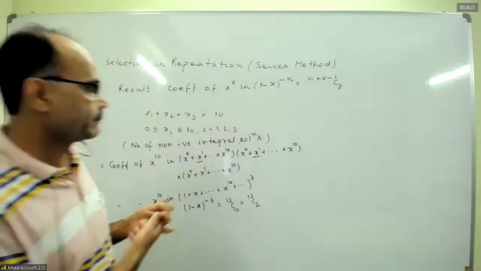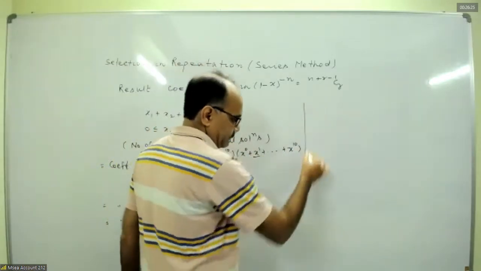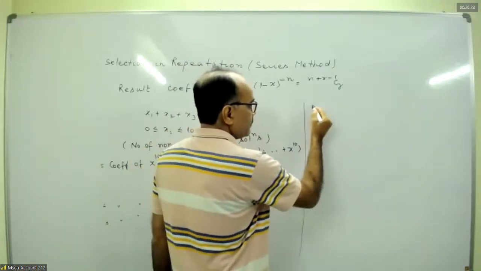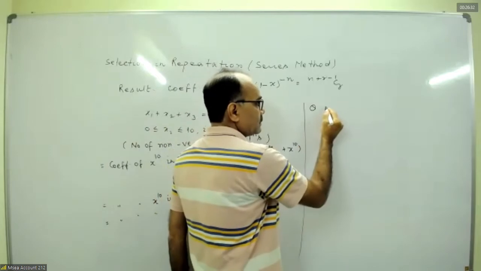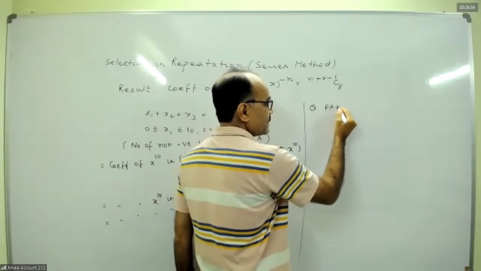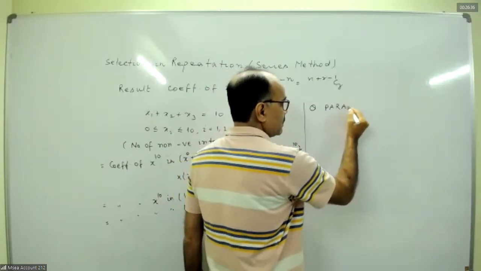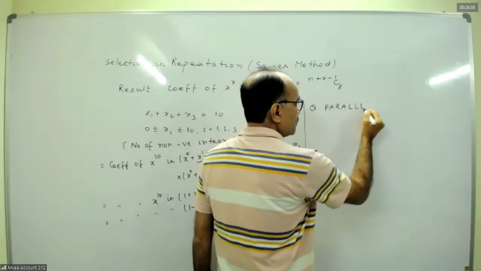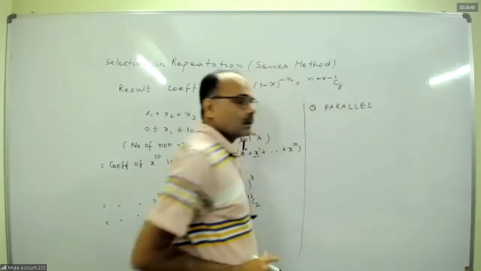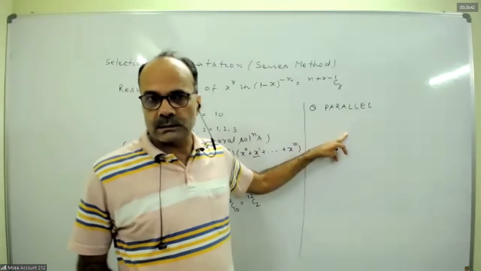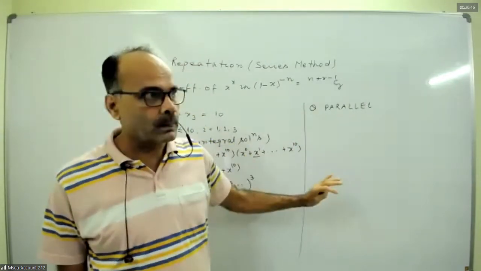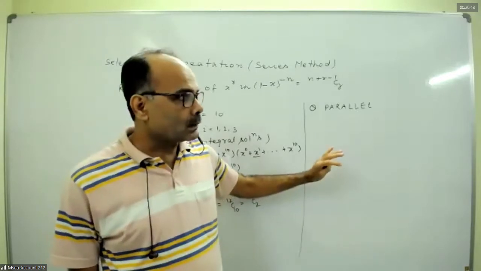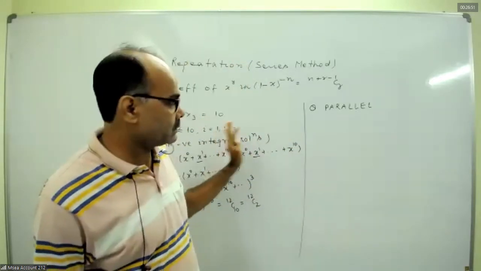For example, let us take the previous question, parallel. But for this question, the method we have discussed is better. Here, I will just show you where we can apply this method.